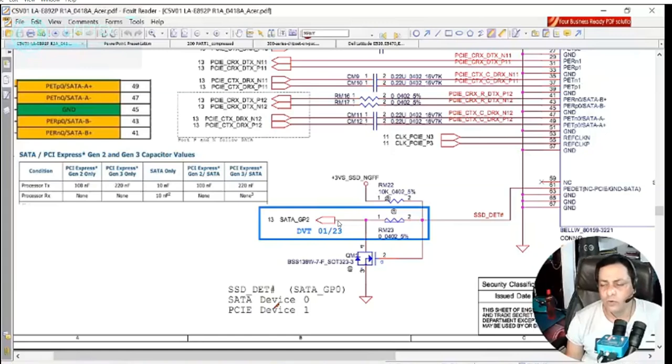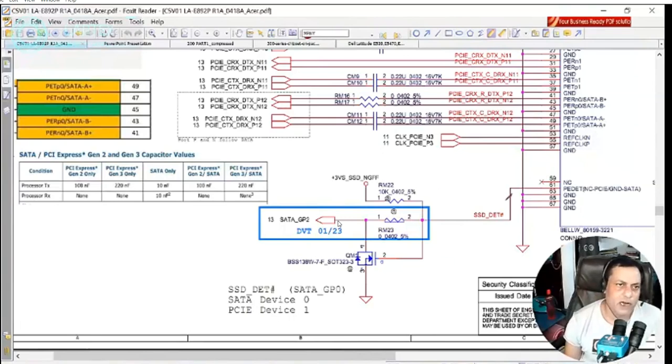In the ROG, in the TUF, in lots of gaming laptops, I received that SATA is not working. Sometimes I found that the BIOS has an issue, sometimes the hardware has an issue. Even sometimes the PCH could cause it, because if it is connected from the PCH, then the PCH could also be the reason that it is not detecting.